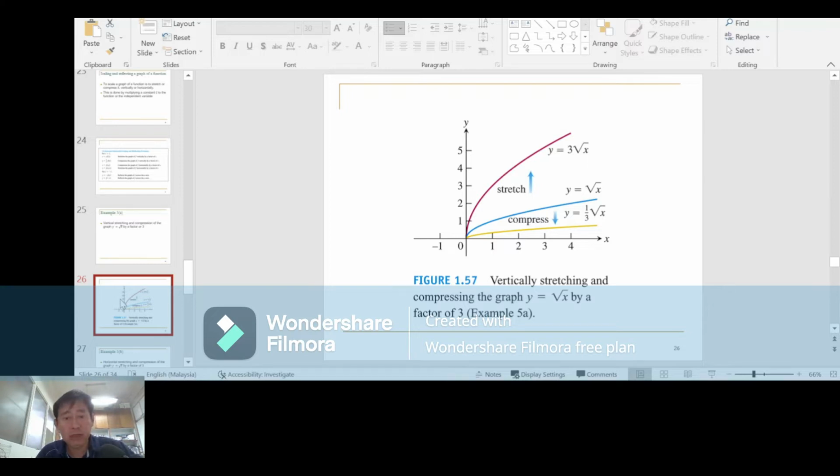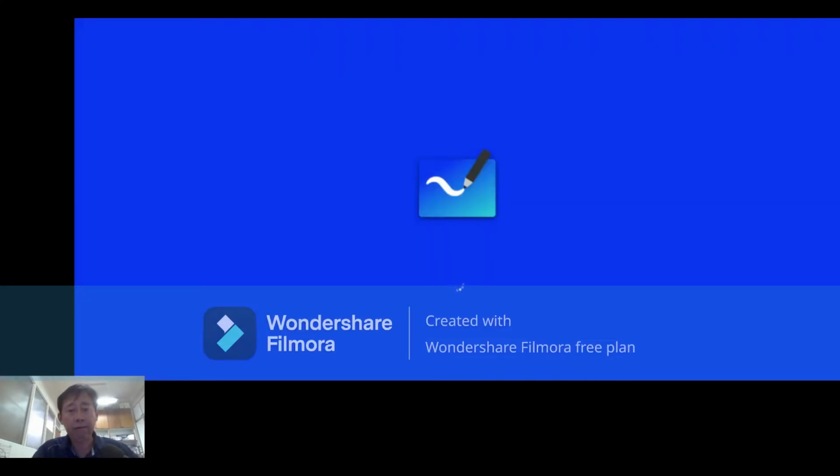Now what do you mean by saying compress a function by a factor of, say, 3? The correct way to understand that statement is by looking at the shape of the function geometrically. So let me try to reproduce this idea on a whiteboard.